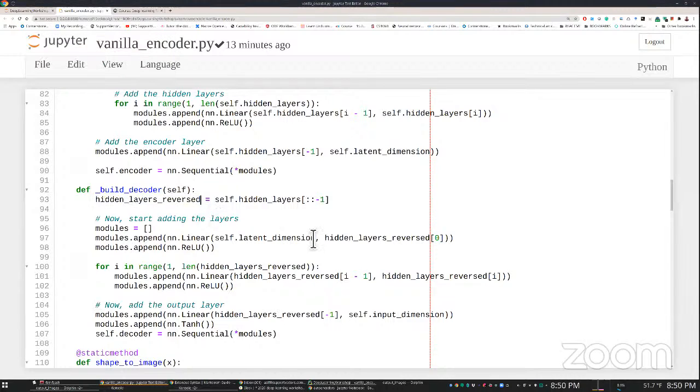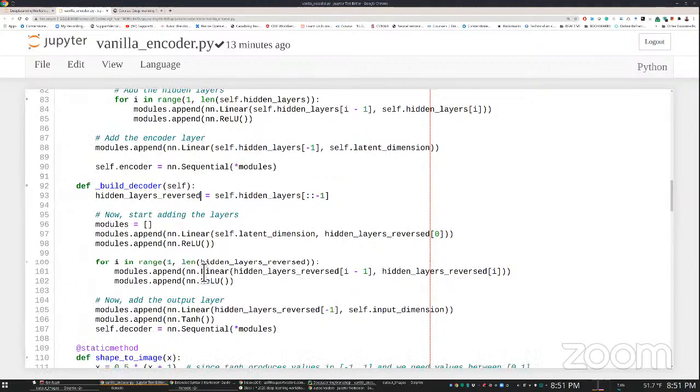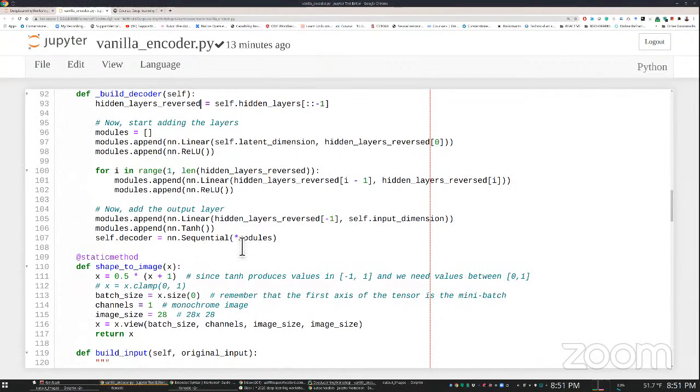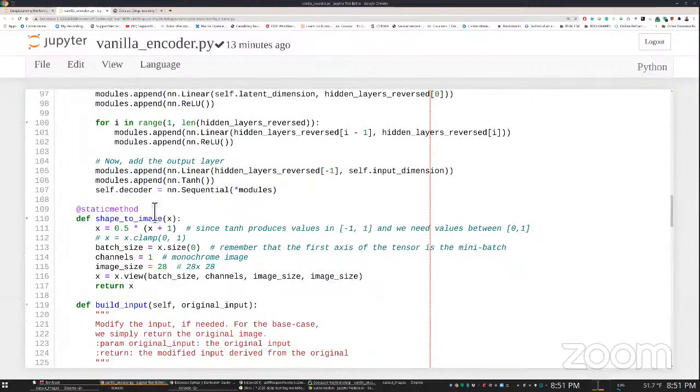Does that make sense, guys? Suppose you go 256, 64, 32. What will be the reverse of it? 32, 64, 256. Isn't it? So I take a reverse and now I repeat exactly what I did before, but this time around I weave it out of these layers and put it.